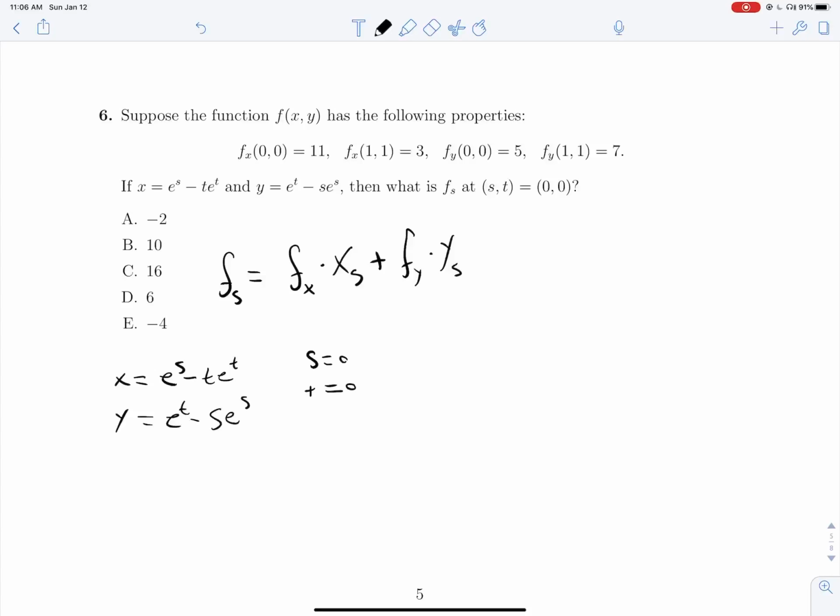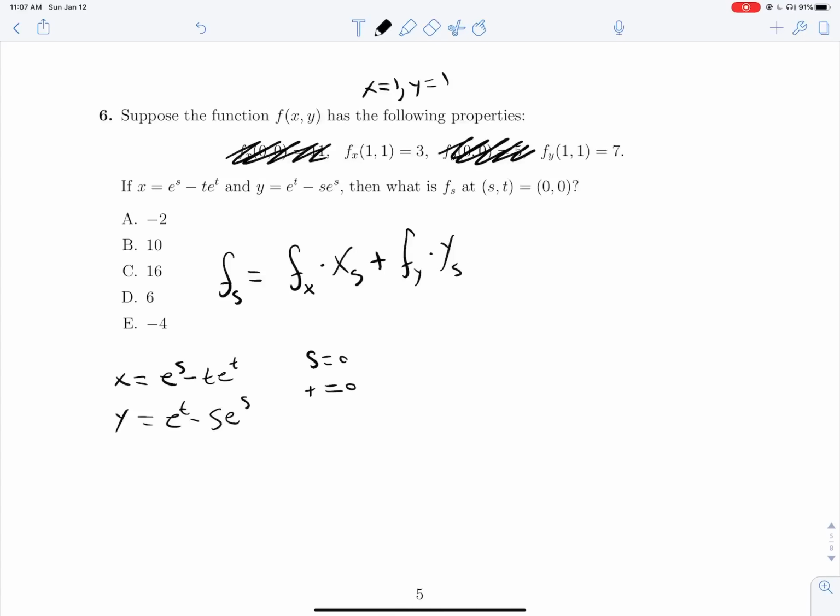x is going to give us 1, and y is also going to give us 1. So we're actually dealing with the points x equals 1, y equals 1. And so we can disregard these 0, 0s that they give us.